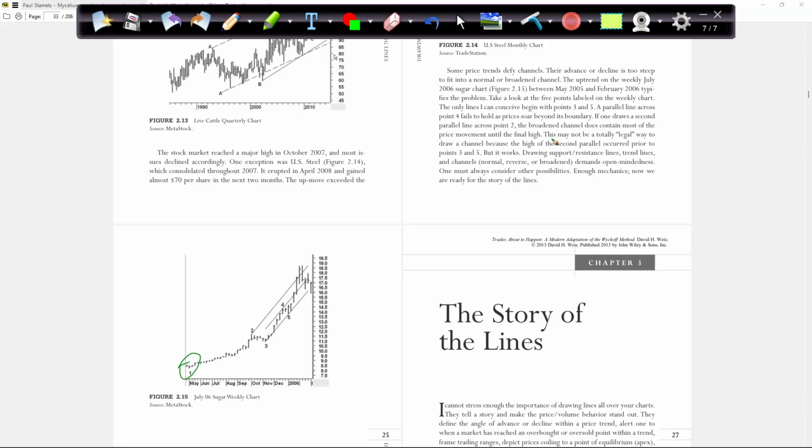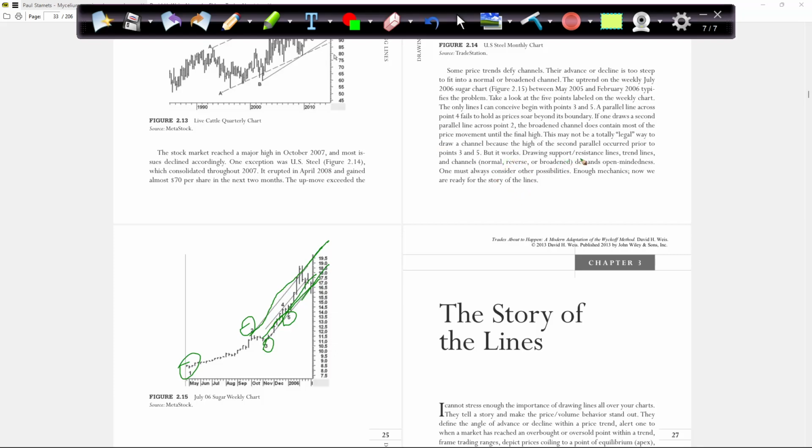This may not be a totally legal way to draw a channel, because the high of the second parallel occurred prior to points 3 and 5. It's not the right way to draw a channel, but it works.